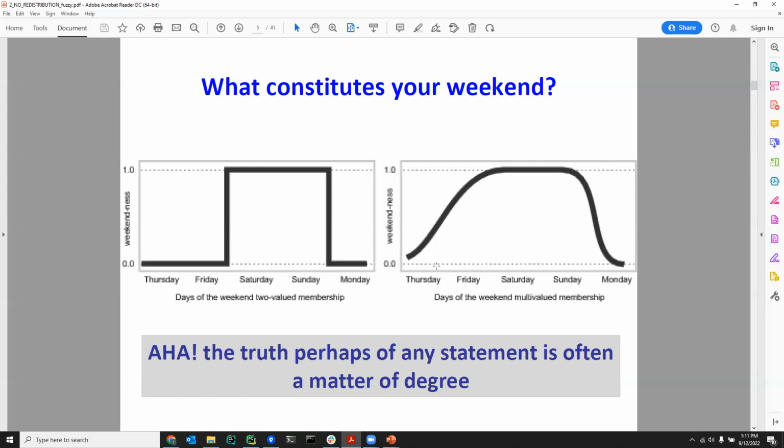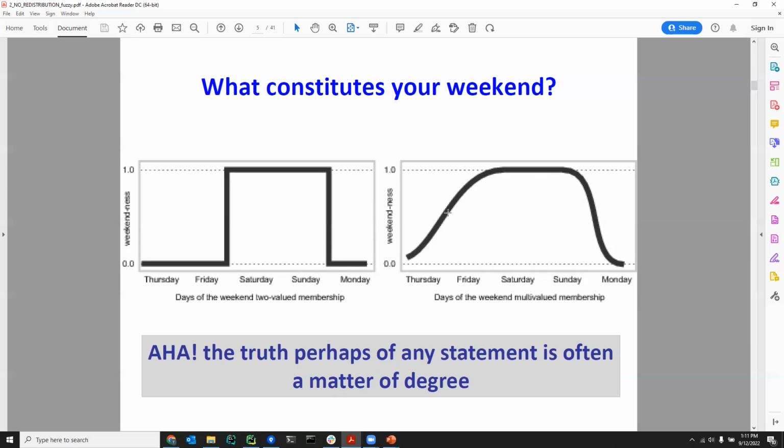Well, as we saw, that might not be the best way to represent things. So what if we had a smoother function that could describe those values in between? And so this membership function, which is a function that describes your membership in a particular set. Now, in this case, we're describing membership in this set of weekendness. And so this membership function maps those values of days of the week to weekendness.